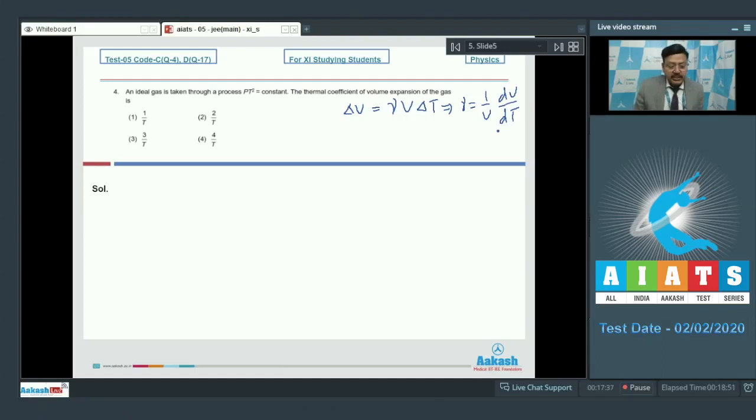And of course we will also use the ideal gas equation. Now we see that we are interested in the expression 1 by V dV by dt, and we have been given that Pt square is equal to constant.